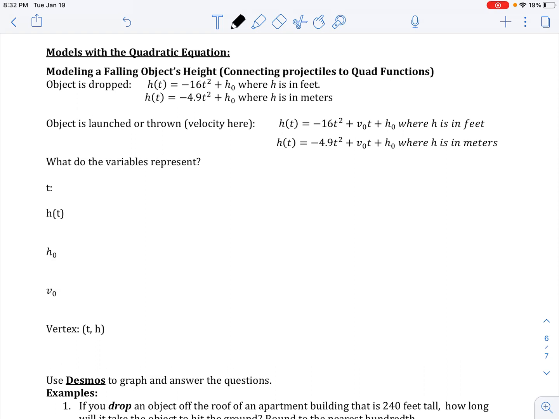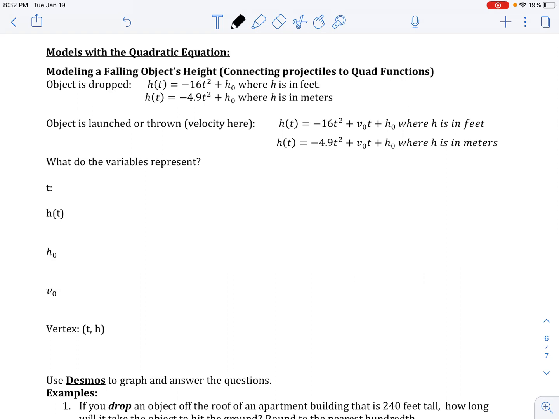And when I say model time versus height, I mean in an experiment, you might take some data points, like what's the height of an object at the start? And then 1 second later, what's the height of an object? 2 seconds later, 3 seconds later, 4 seconds later.